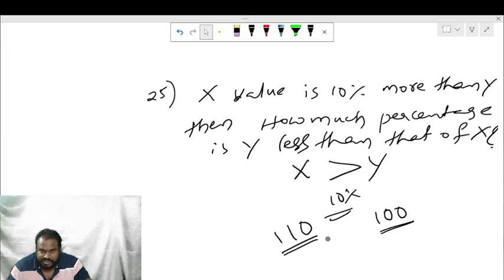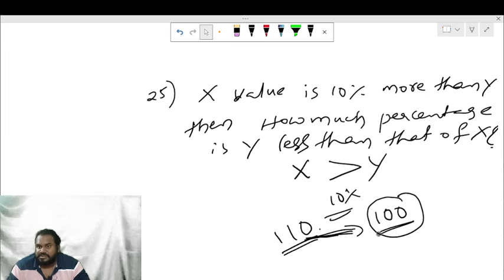It's satisfying: x value is 10% more than that of y. Now he's asking how much percent is y less than that of x.